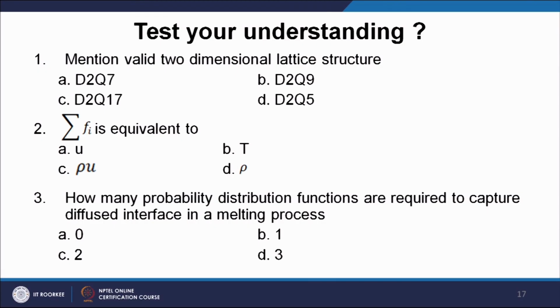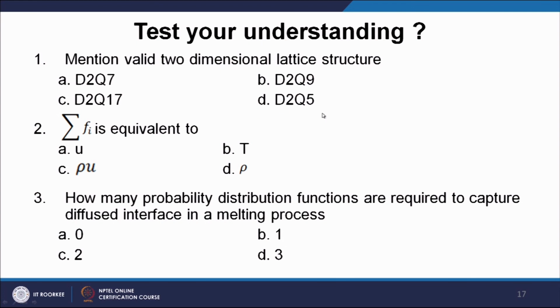As usual we have 3 questions over here. First one: mention valid 2-dimensional lattice structures. We have 4 options over here. To remember a 2-dimensional lattice structure, the 2 in D2 symbolizes the 2-dimensional nature. So, we have D2Q7, D2Q9, D2Q17 and D2Q5.